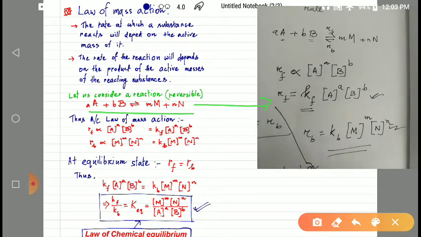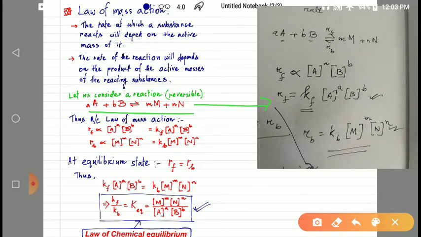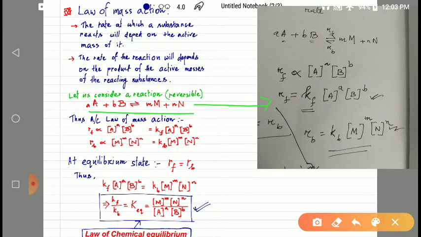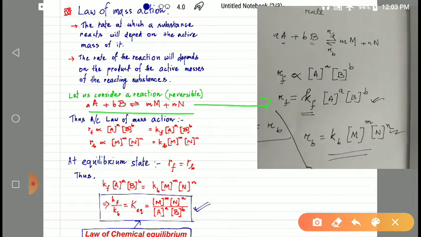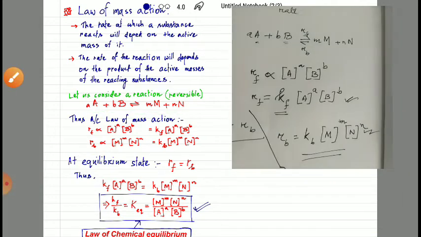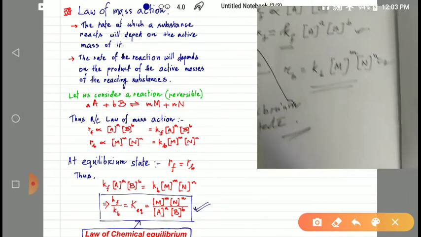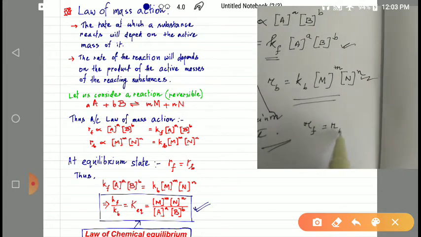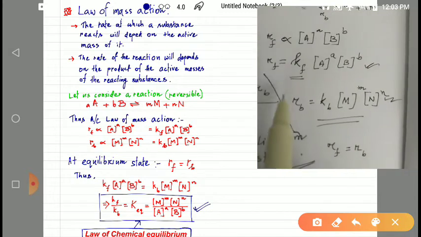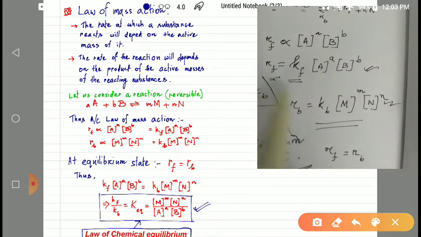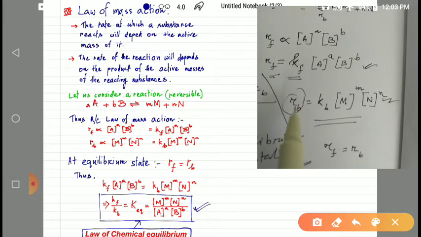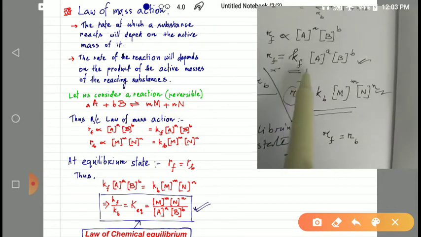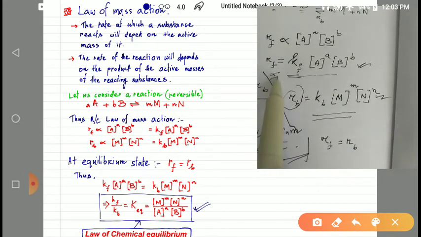Now, according to the definition of the equilibrium state, what will happen at the equilibrium state? We know that at equilibrium, Rf is equal to Rb, so the forward reaction rate is equal to the backward reaction rate.